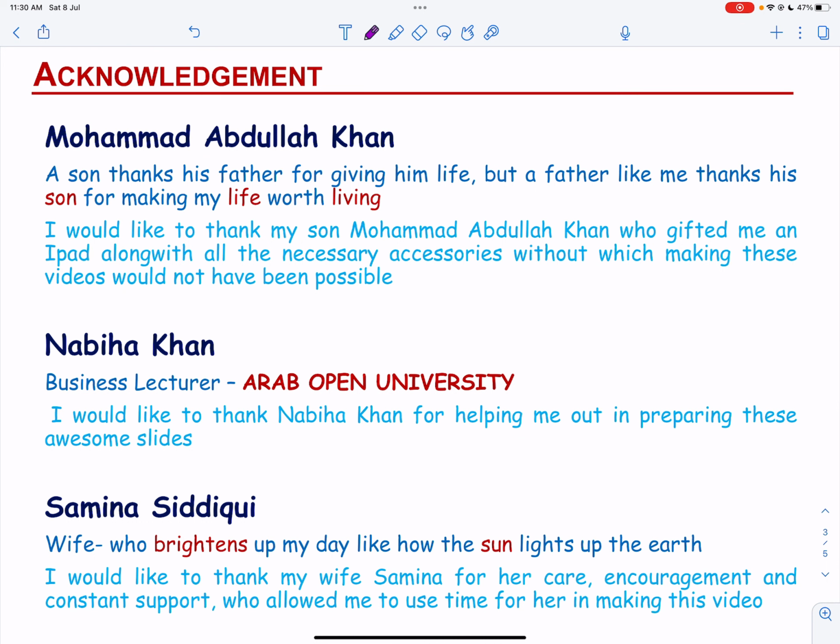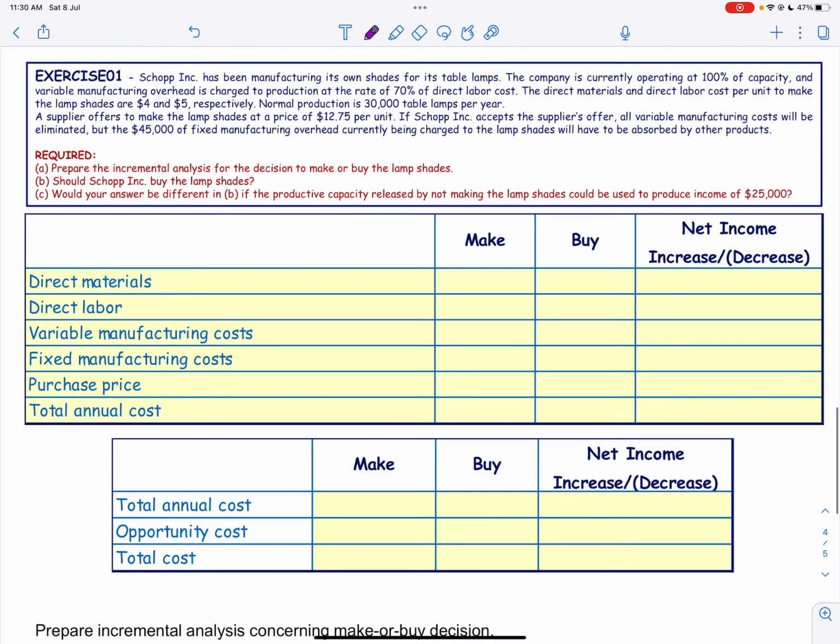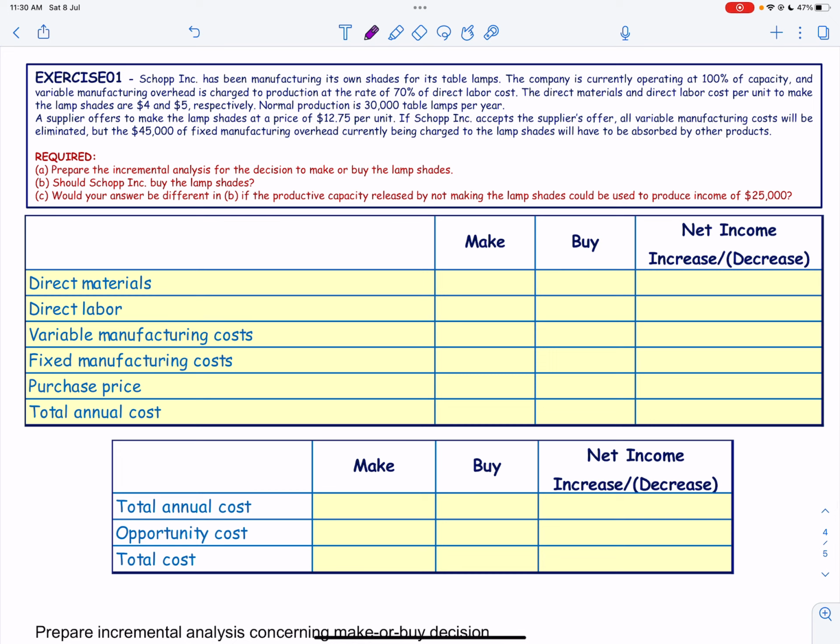So let us start with solving an exercise on use of incremental analysis for make or buy decision. Now, Shop Incorporation has been manufacturing its own shades of its table lamps.